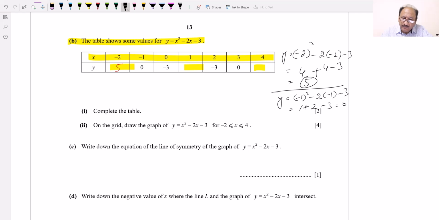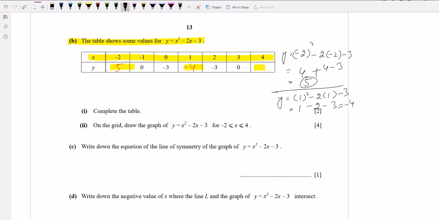So for -1, it is already given as 0. So we need to find for 1. We replace 1 and we get 1 minus 2 minus 3, which is 1 minus 5, which is -4. So this value will be -4.